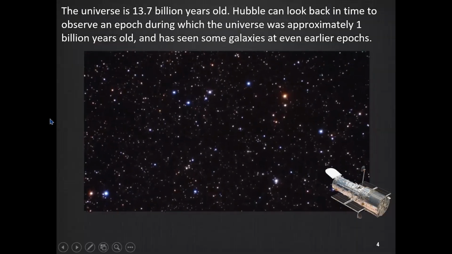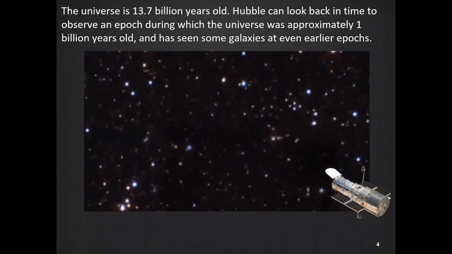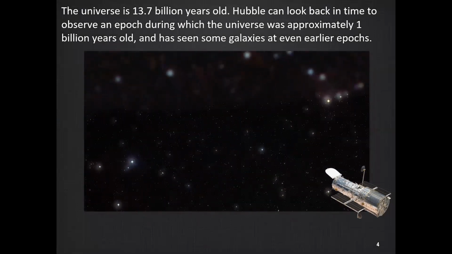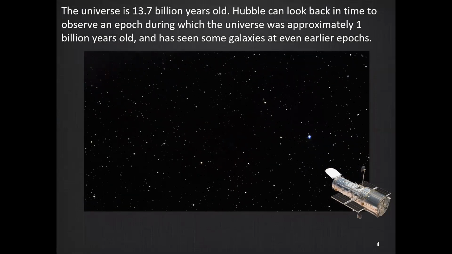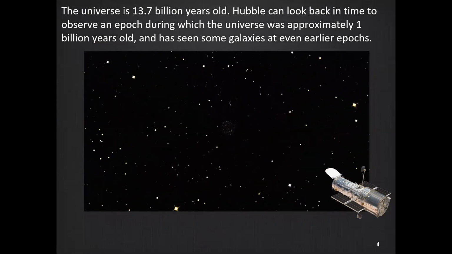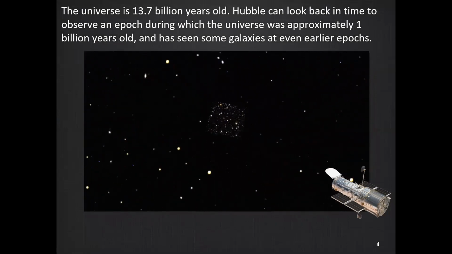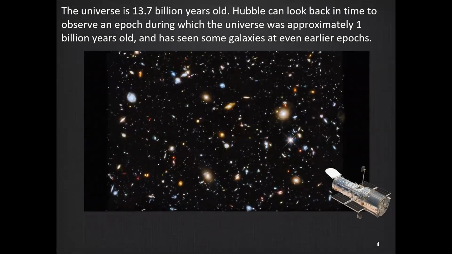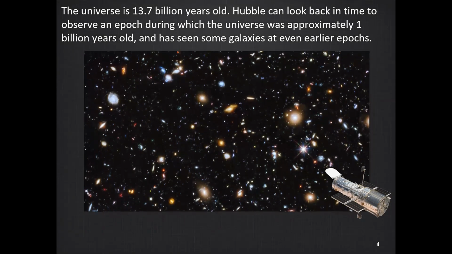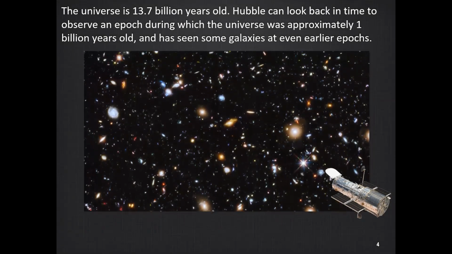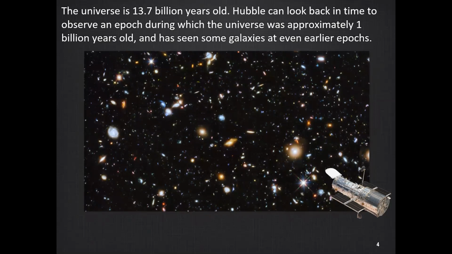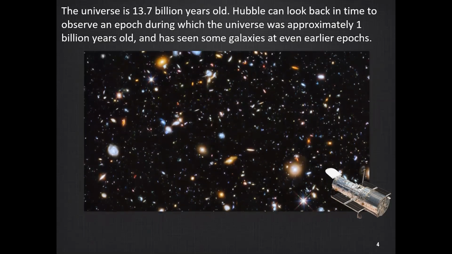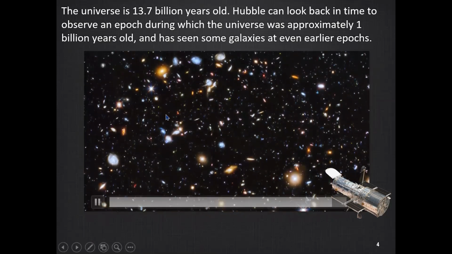Now, when Hubble took that famous image, it did so by staring at a single spot in the sky for a long time, a couple of weeks, leaving the camera shutter open, if you will. And this is the image that was produced. And as you can see, even after that long exposure, there are still lots of very faint red objects in the image.